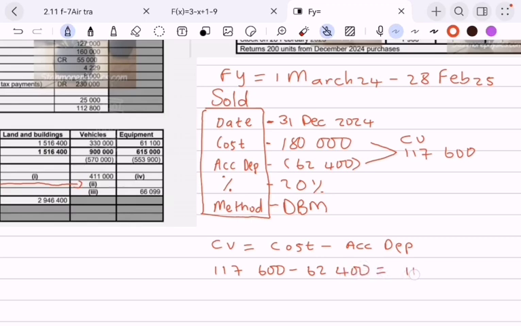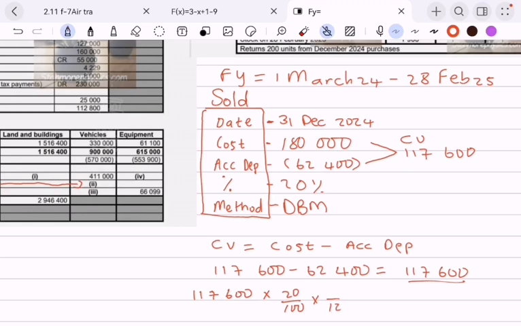Then you would get your 117,600. There's our carrying value there. You take this carrying value of 117,600, right? You multiply by the percentage of 20 over 100. Then after multiplying by 20 over 100, you multiply it by a specific number of months out of 12 months.